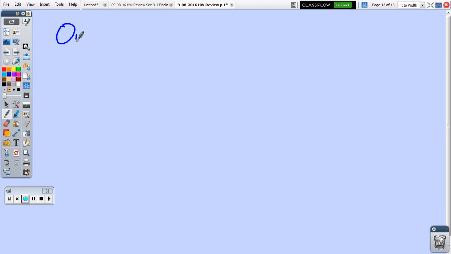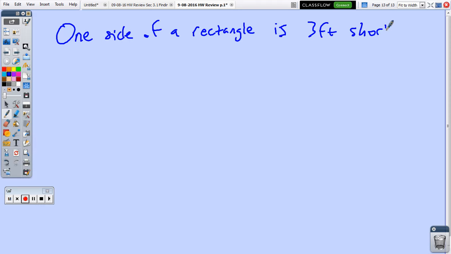One side of a rectangle is 3 feet shorter than twice the other side. Find the sides if the area is 209 square feet.